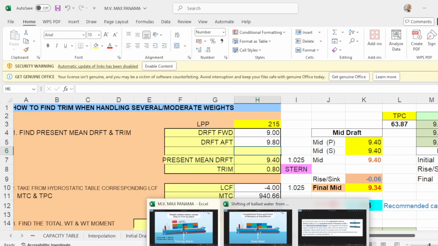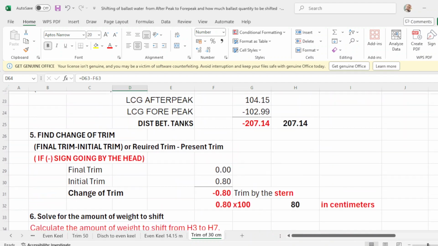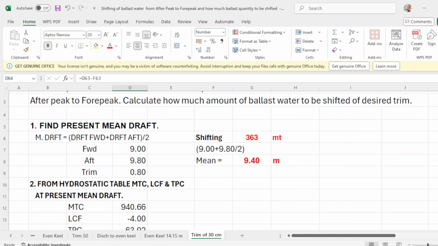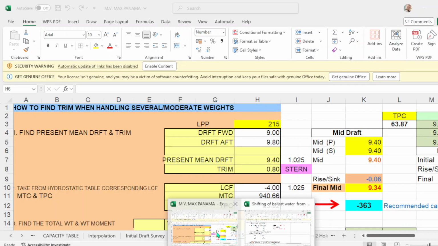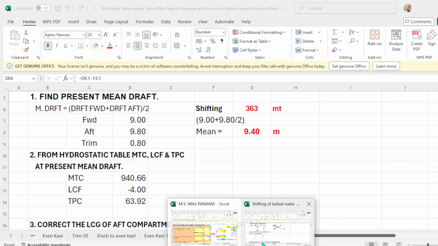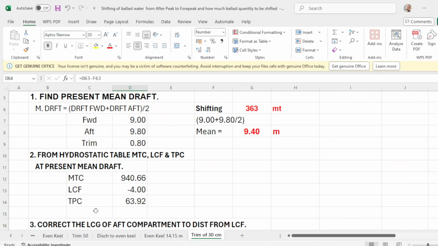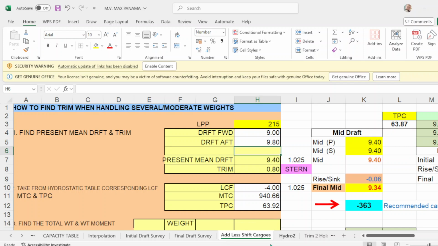So we just confirm it. Your MTC is 940.66. LCF is negative 4 meters. TPC is 63.92. Okay?